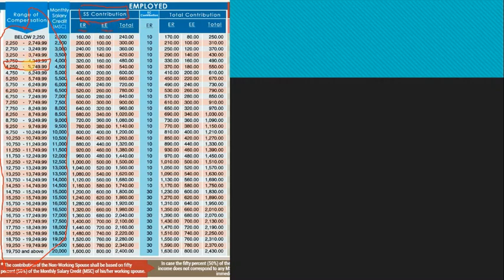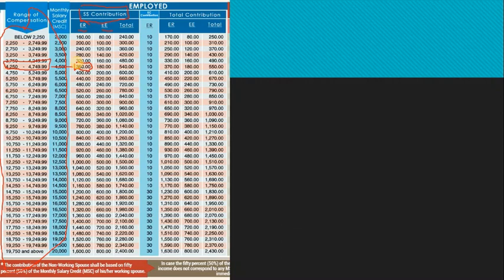So for example, my salary is 4,500. It belongs to this range of compensation. If you look here, my employer or my company should give an amount of 360 as a contribution to my SSS.